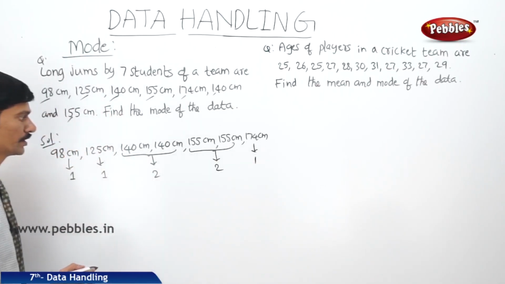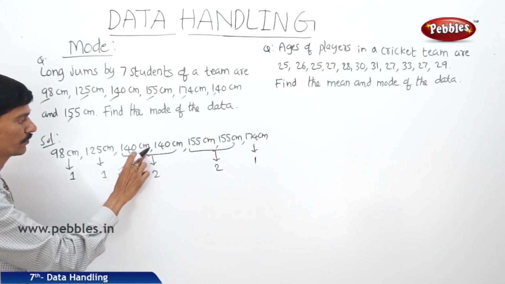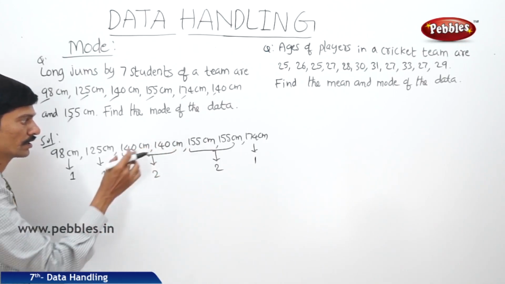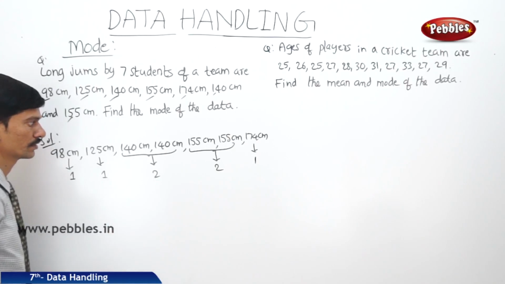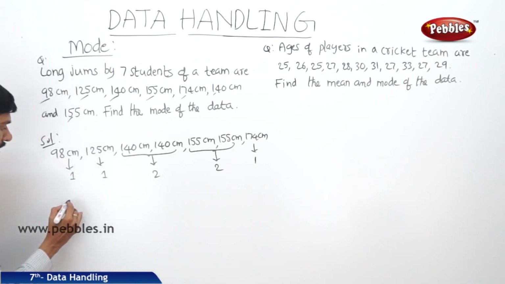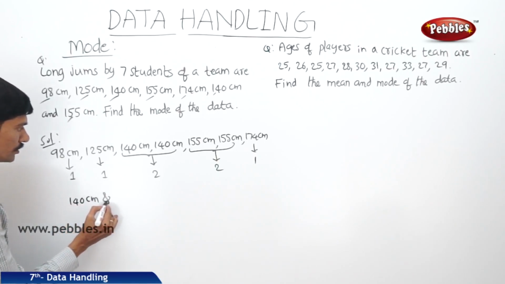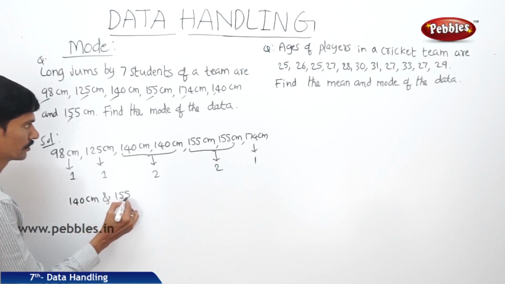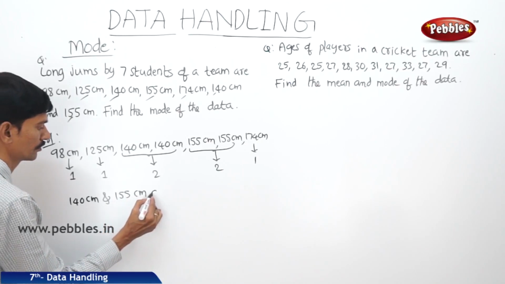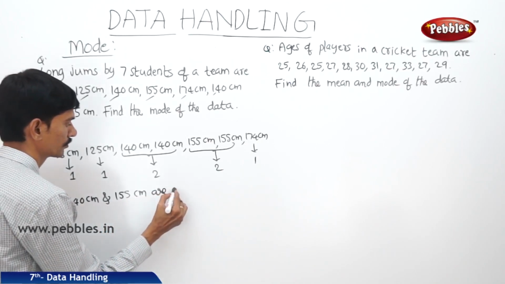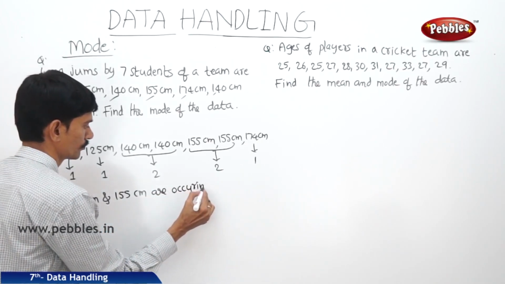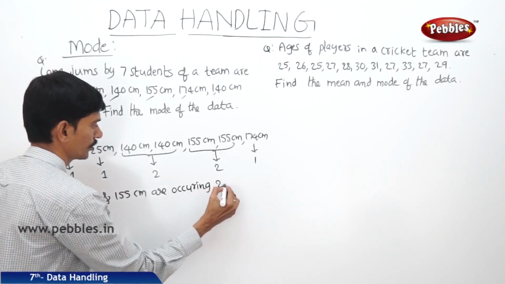So the most repeated values are 140 and 155, and they are occurring the same number of times, 2 times.